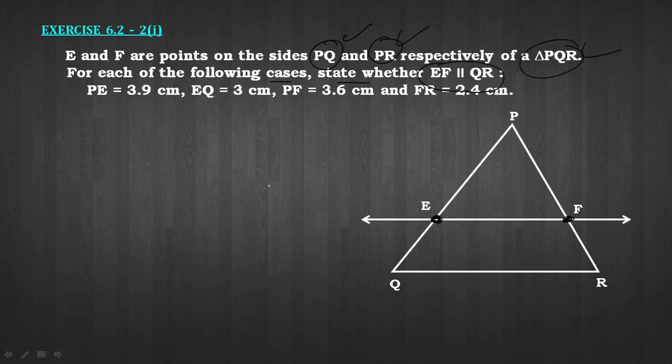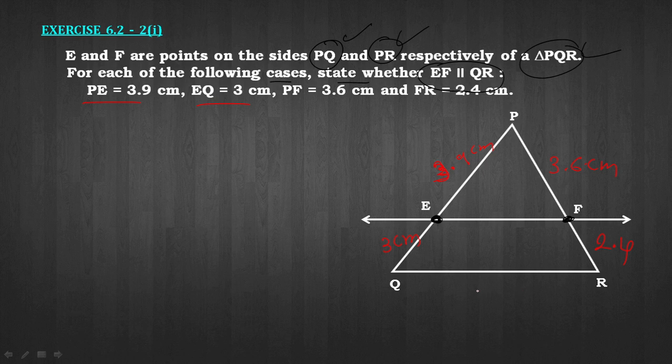So what is given here? See the given things first. PE is 3.9 centimeter, EQ is 3 centimeter, PF is 3.6 centimeter, and FR is 2.4 centimeter.